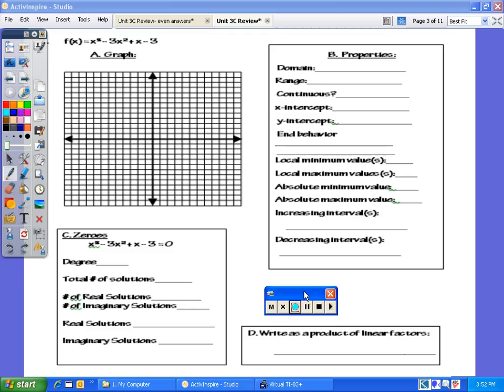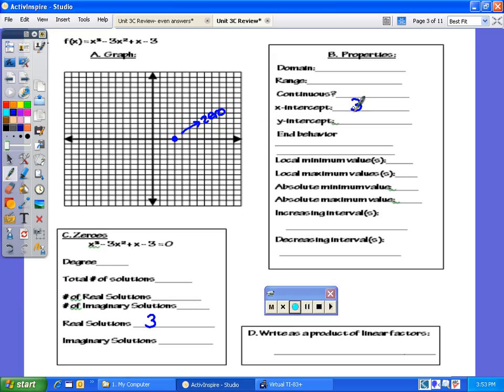Alright, it actually hits it at x equals 3. So what I'm going to do is put a 3 here. That is my 0. That answer is going to go down here. It will also go here for my x-intercept.